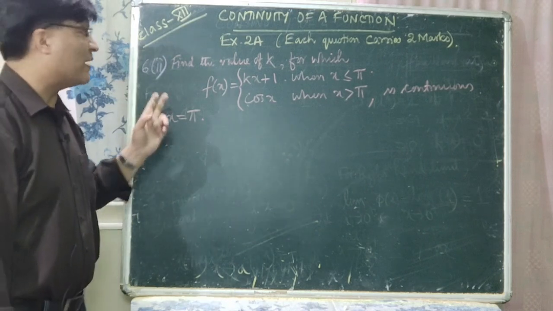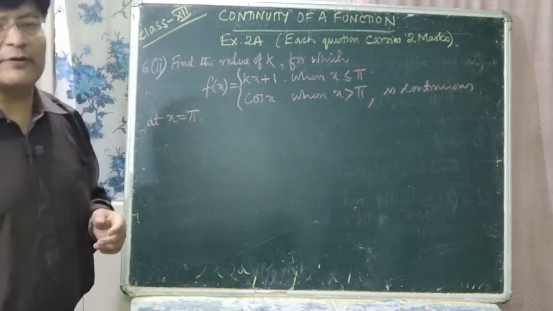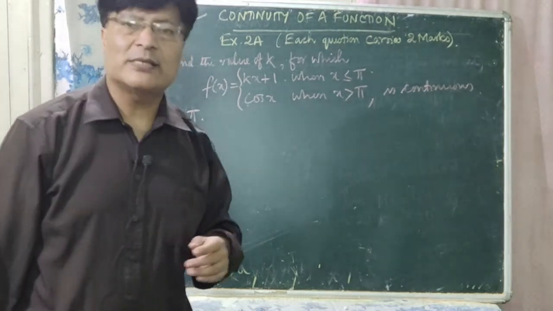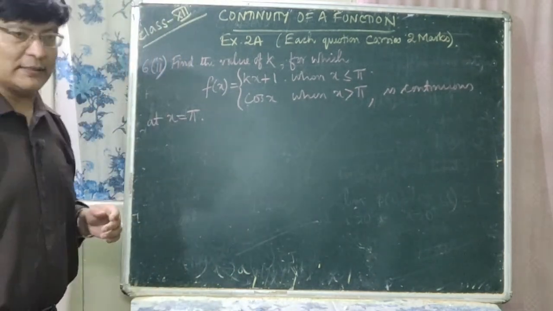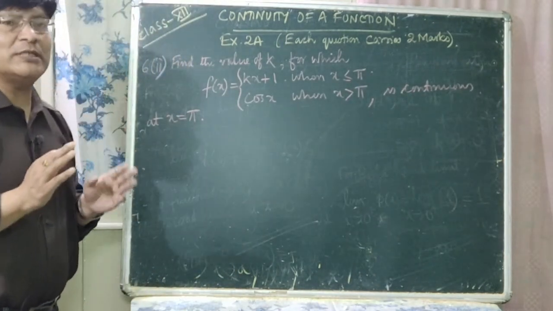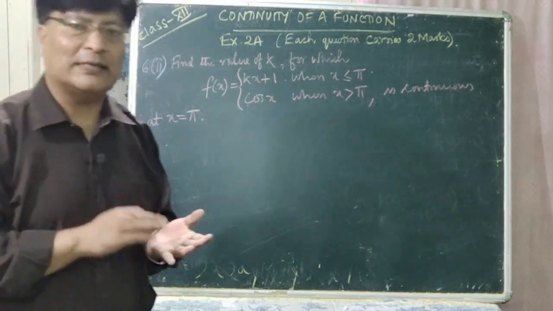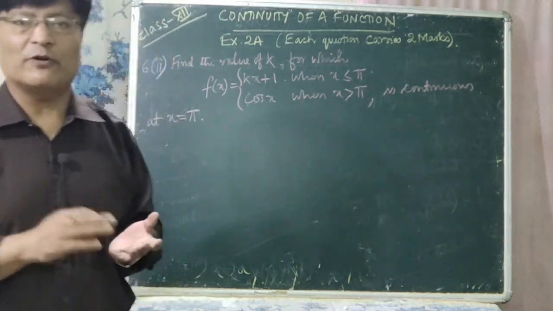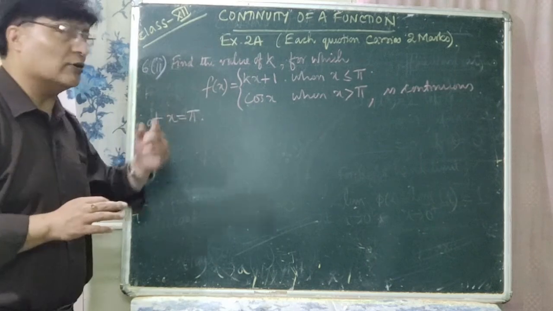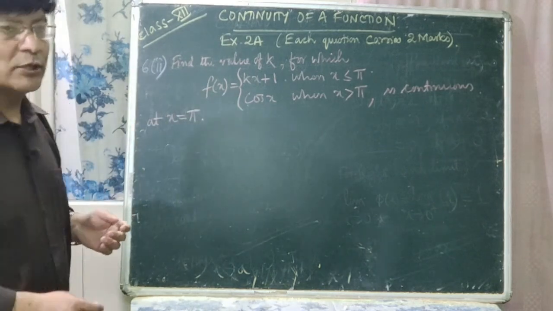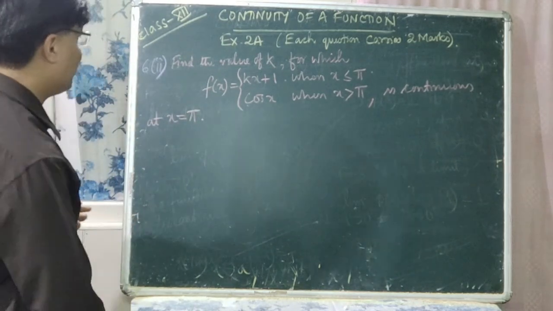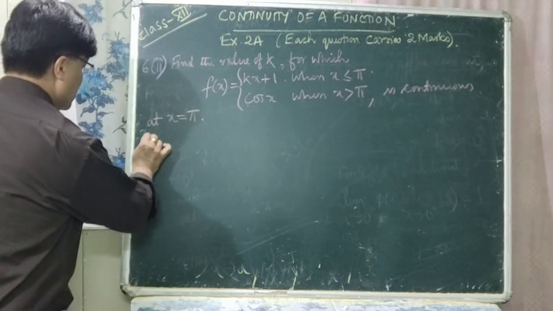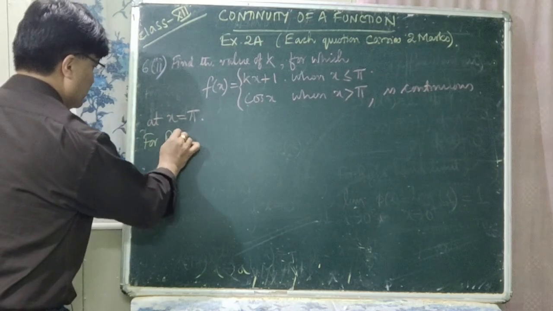You have to find out the value of k for which this given function is continuous at x is equal to pi. Okay? For continuity, you have to find out right hand limit, left hand limit, and the value of the function at the given point x is equal to pi. Okay? So first of all, let us find out the right hand limit. So this is the solution now.